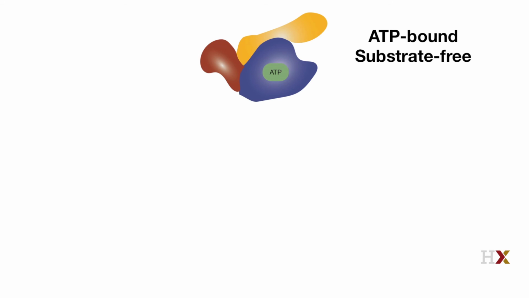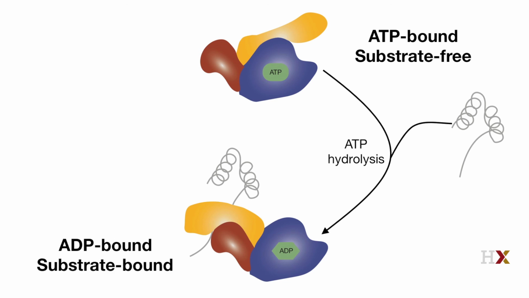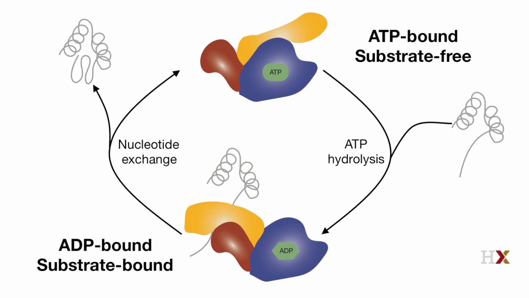ATP hydrolysis causes a massive conformational change that allows substrate binding to HSP70. The substrate binding, in turn, will promote the exchange of ADP for a new molecule of ATP. And now HSP70 changes its conformation back to a state that is not permissive for substrate binding. That will cause the release of the substrate. The released protein then has another chance to fold on its own and bury its hydrophobic surfaces.